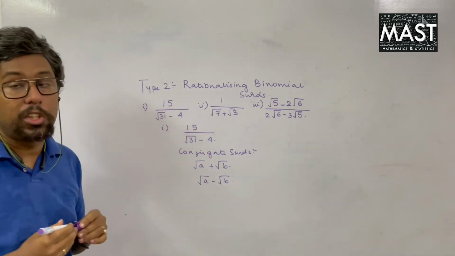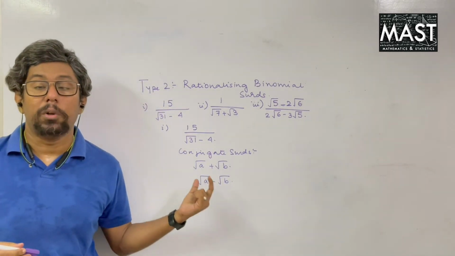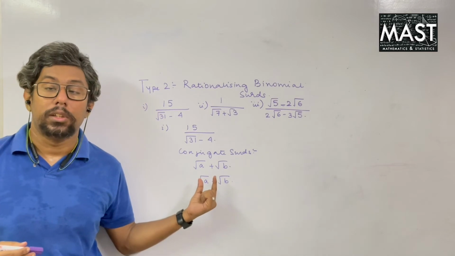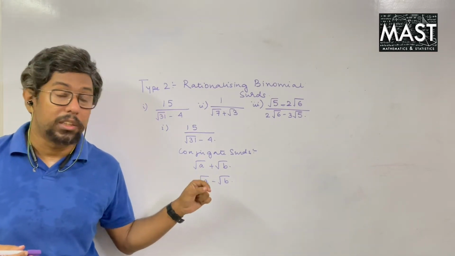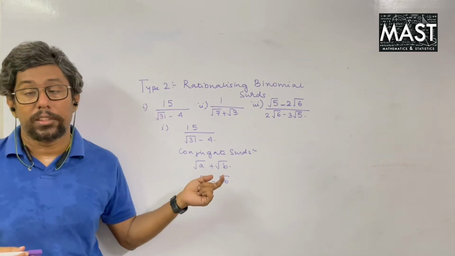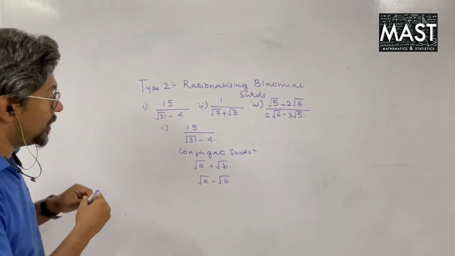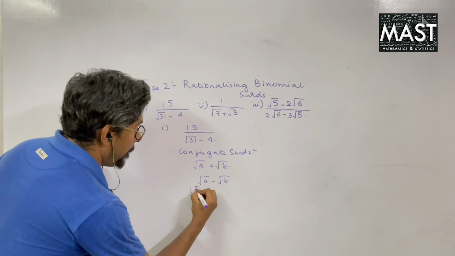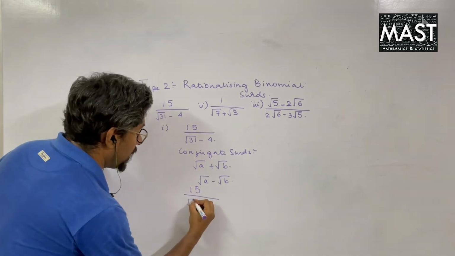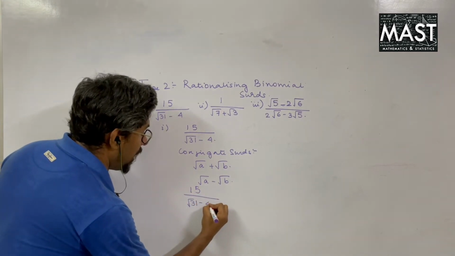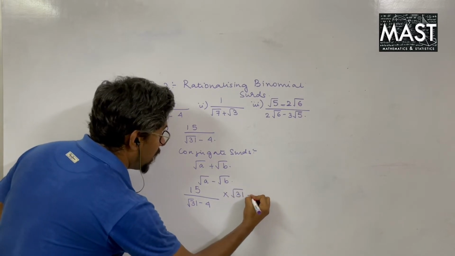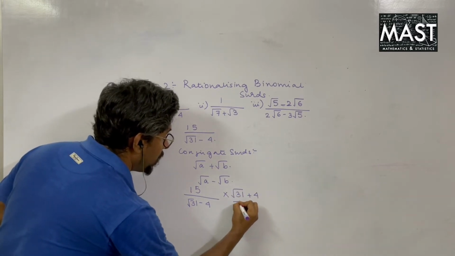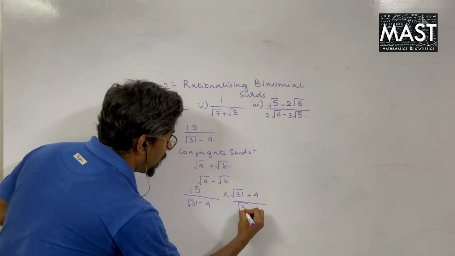That means when we change the sign in between two surds or two terms associated with surds, then we get conjugate surds. So in this case, 15 by root 31 minus 4 has to be multiplied by its conjugate surd, which is root 31 plus 4 by root 31 plus 4.